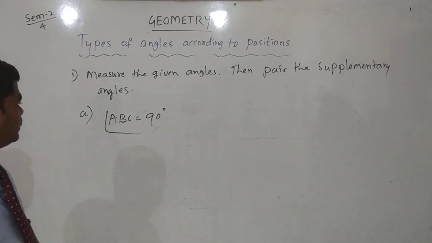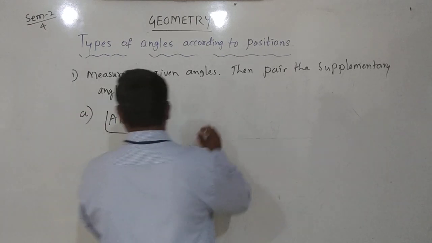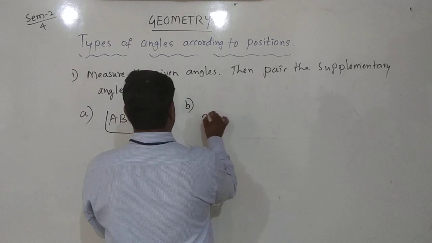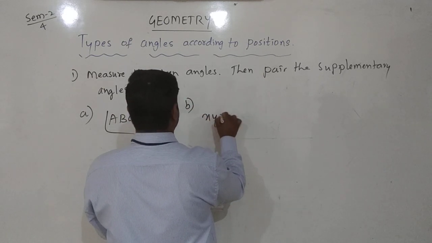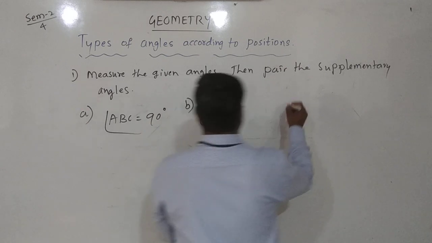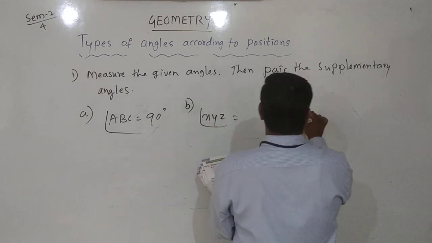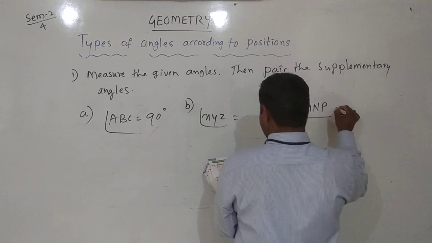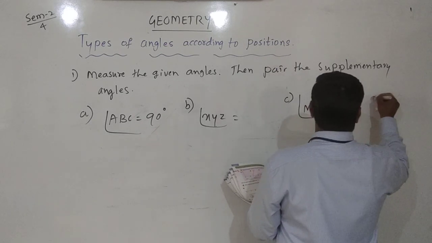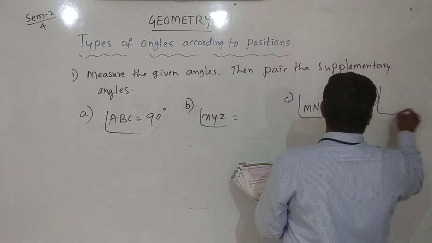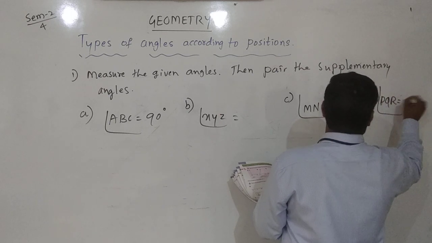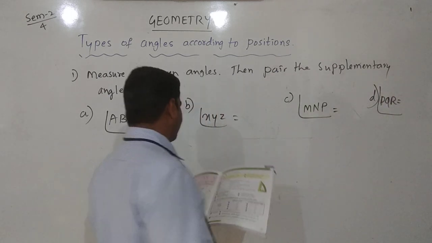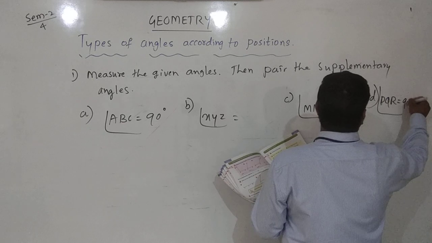Then figure B, XYZ. Figure C, angle MNP. And figure D, angle PQR is equal to 90 degrees.